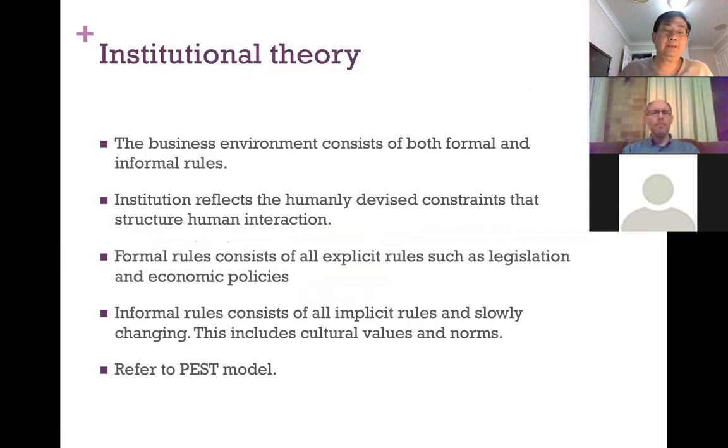They influence how we behave in our business environment. We take the business environment as part of society, the activities that we perform in society. Institutions reflect the humanly devised constraints that structure human interaction. There are two things here in terms of institutional theory, as we discussed briefly before: the formal and informal rules.